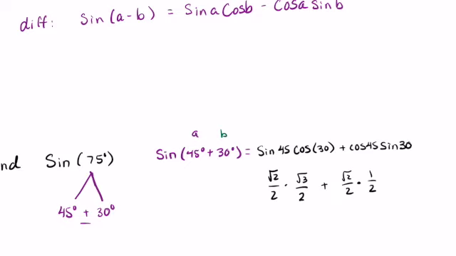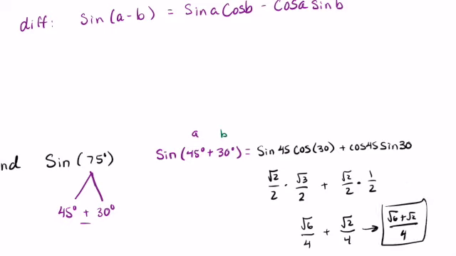Start simplifying our problem. I'm going to wind up with root 6 over 4 plus root 2 over 4. And I know that fraction will clean up to give me root 6 plus root 2 over 4. That's our final answer. So that is our answer for the sum formula of sine.